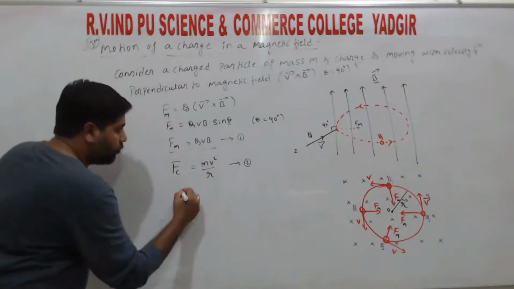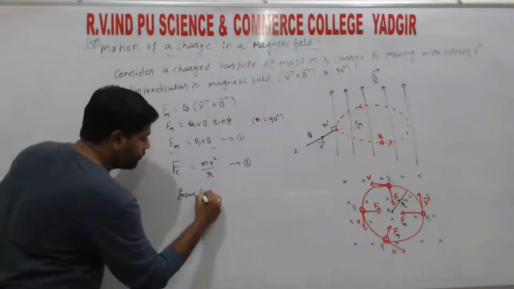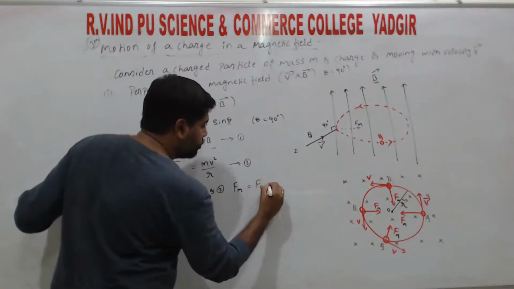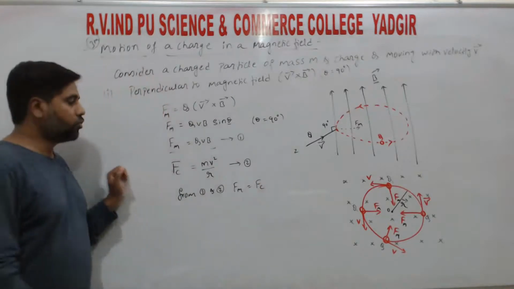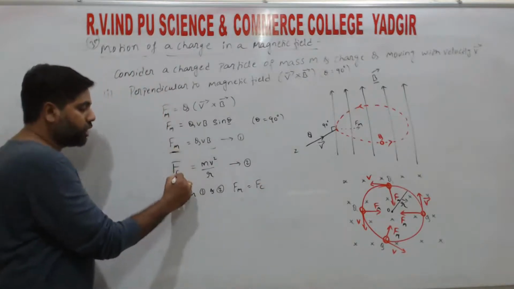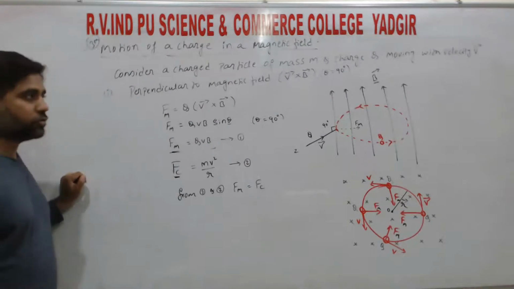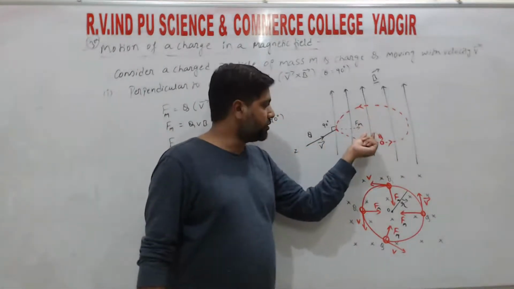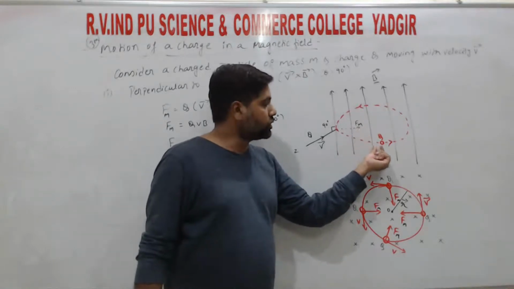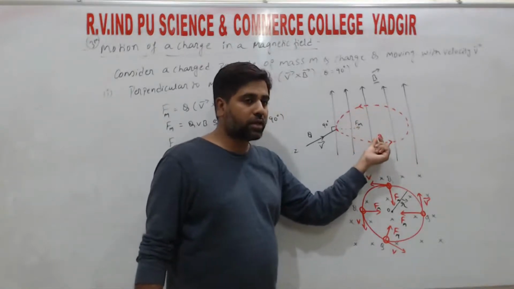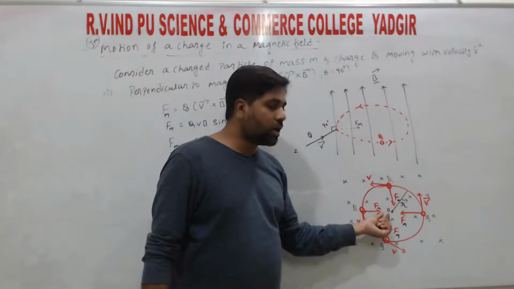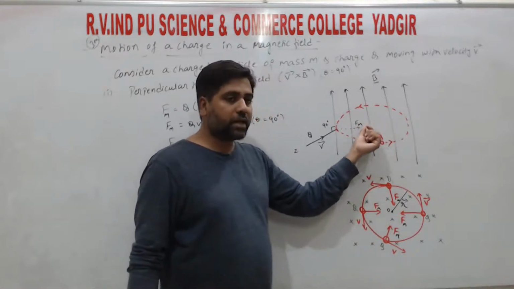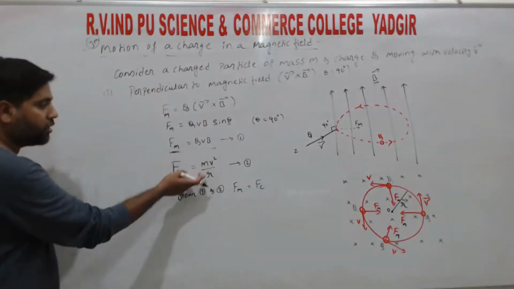So from 1 and 2, Fm equals Fc. This magnetic force is similar to the centripetal force. The reason the charge moves in a circular path in the magnetic field is the centripetal force, which here is the magnetic force.